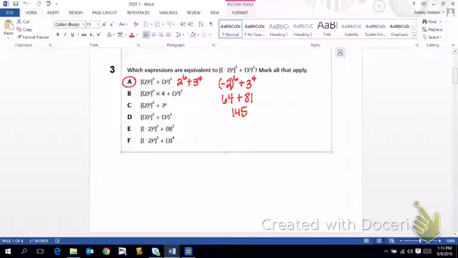For B, you'll have 2 squared and then squared, so that's going to be 2 to the 4th power. You'll multiply that by 4 and then add it to 3 to the 4th power. 2 to the 4th power is 16. 16 times 4 is 64, and again we get that 64 plus 81, which is going to give us our 145.